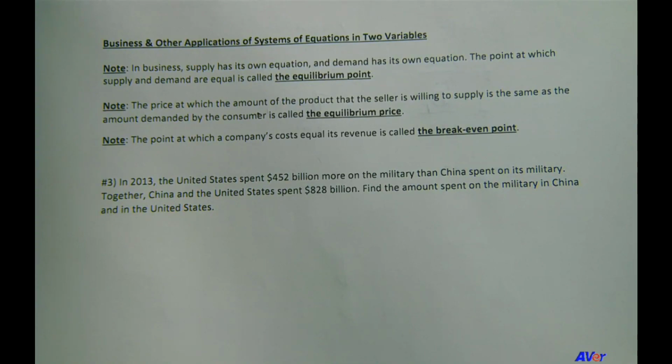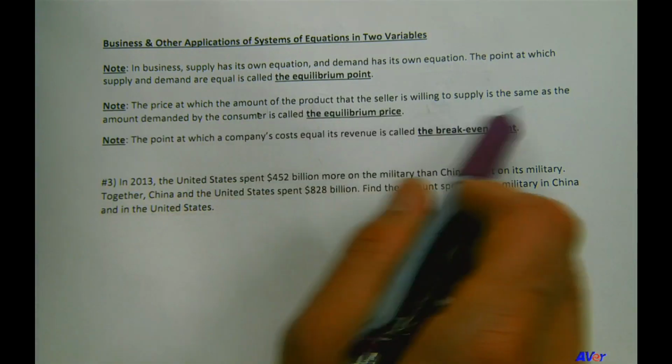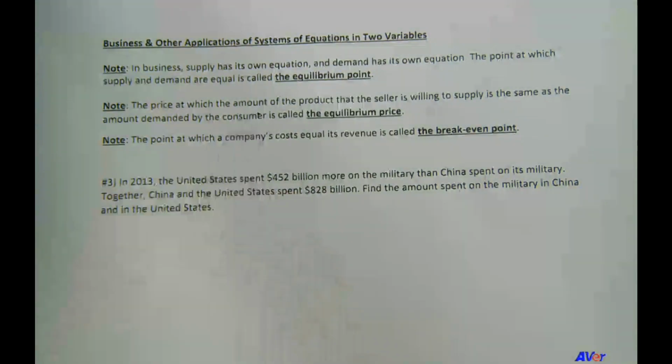Okay? So equilibrium point is that. So the price at which the amount of the product that the seller is willing to supply is the same as the amount demanded by the consumer is called the equilibrium price.